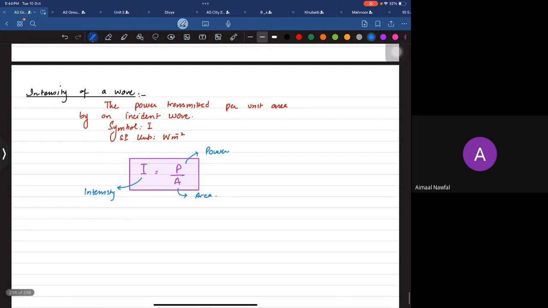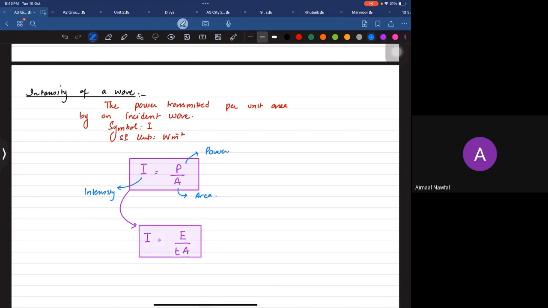Sometimes they might also give you a different formula. Do not be alarmed by that. It is written as I equals E over TA. All right, so this formula is the same formula as the first one.